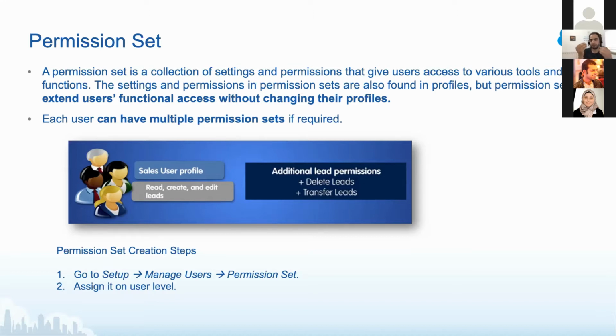What if the access between the permission set and profile contradicts? We always add permission via the permission set. We don't revoke anything. So your basis is the profile, and you add permission sets on top. You can add multiple permission sets to the same user, and the result is the aggregation of all access granted from the profile and the permission sets.